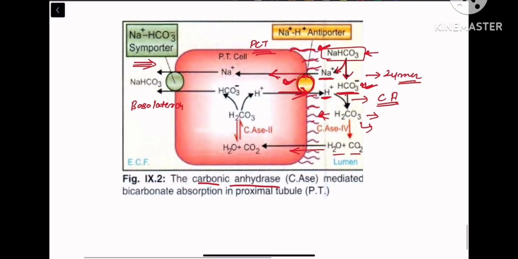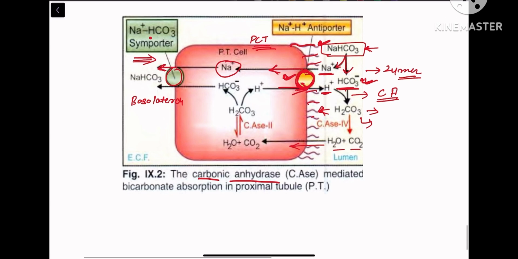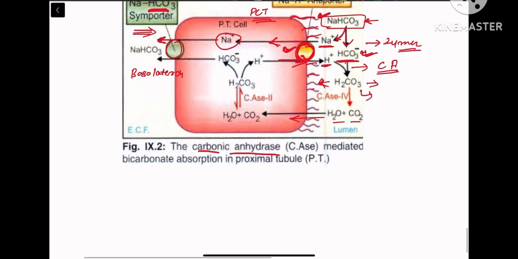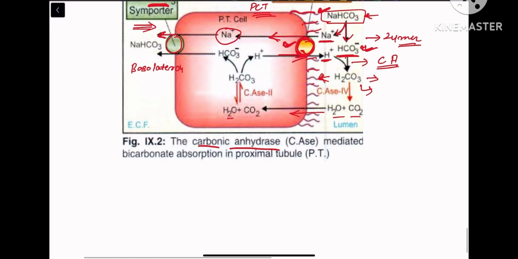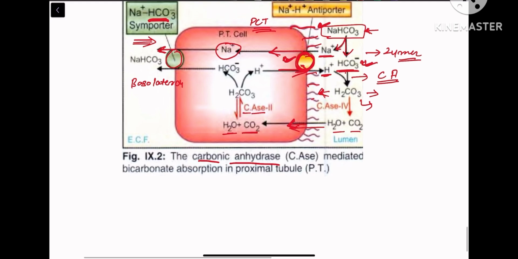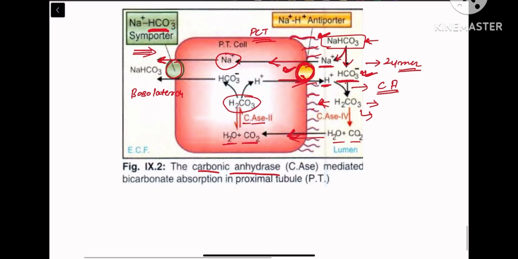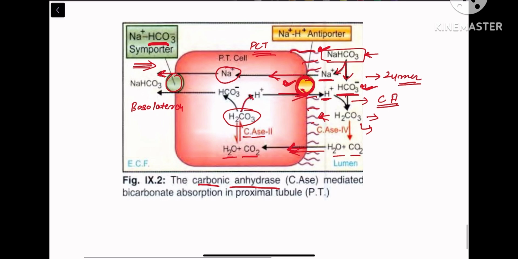Here what happened, the sodium which is absorbed by this transporter is again transported into the interstitium along with the bicarbonate. How is the bicarbonate formed? Water and CO2 are transported into the PCT cell, and in the presence of carbonic anhydrase, they are converted into carbonic acid, which is unstable and splits into hydrogen ion and bicarbonate ion.